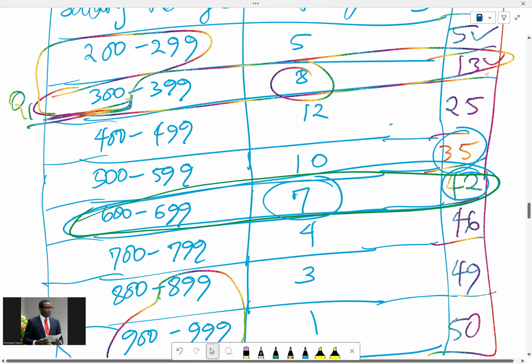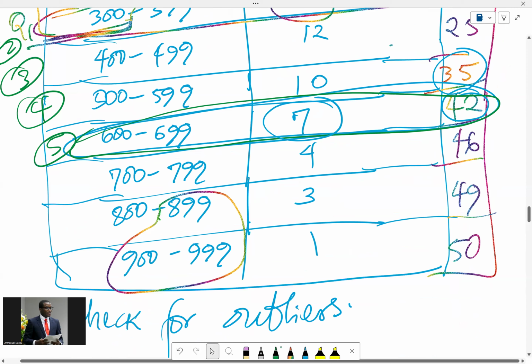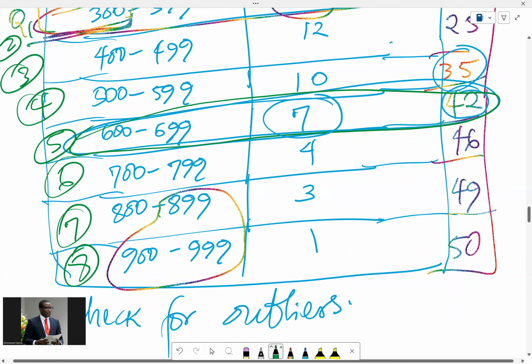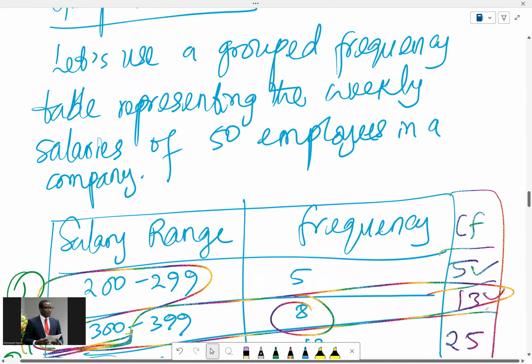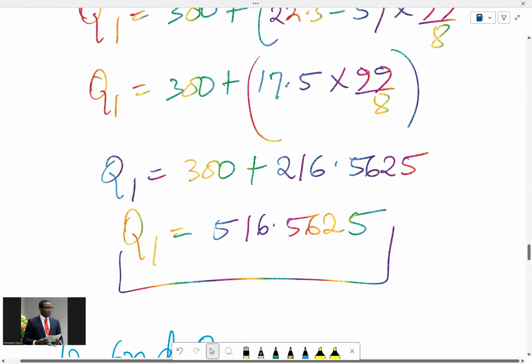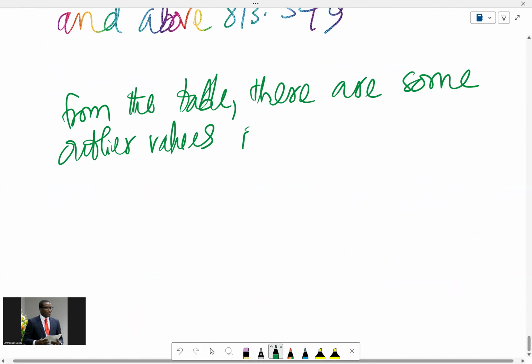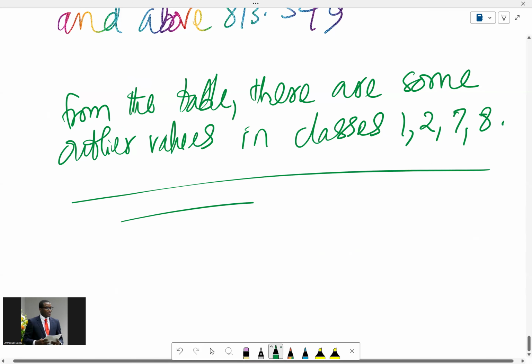So we have 1, 2, 3, 4, 5, 6, 7, 8. So there are 8 classes. So there are some outliers in the first and second classes, as well as the 7th and 8th classes. Okay, because of the limits we have. So from the table, there are some outliers in classes 1, 2, 7, and 8. And that's where that all ends.